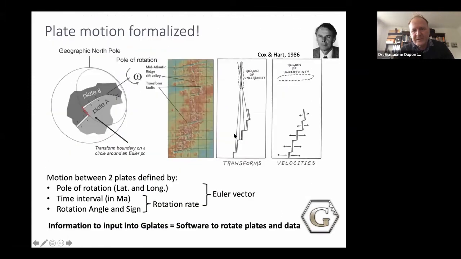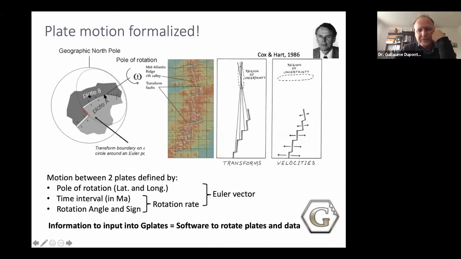All right. Okay, so to answer your question about how to position plates and this triple junction, the way it works between two plates, you define what is called a pole of rotation, or a Euler pole on a sphere.